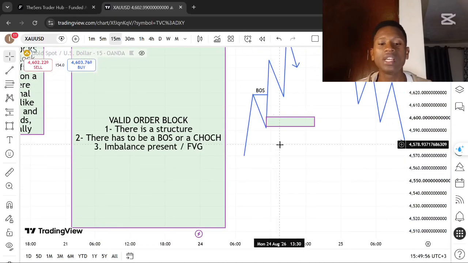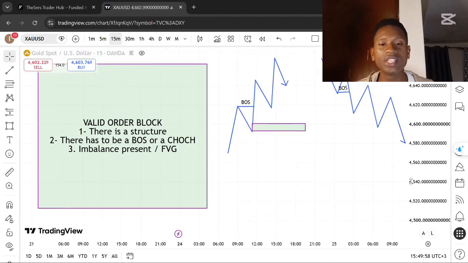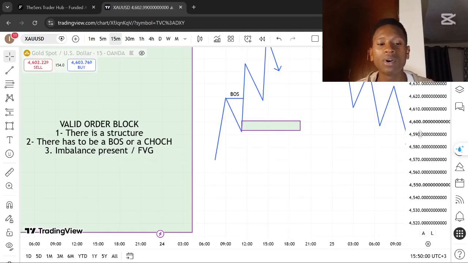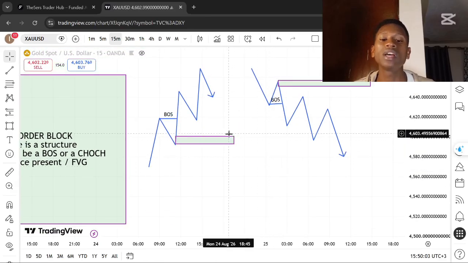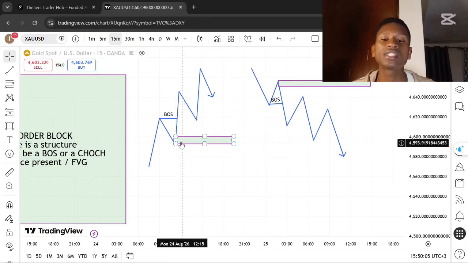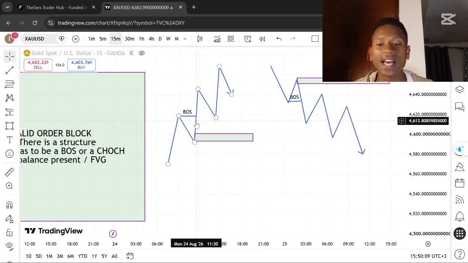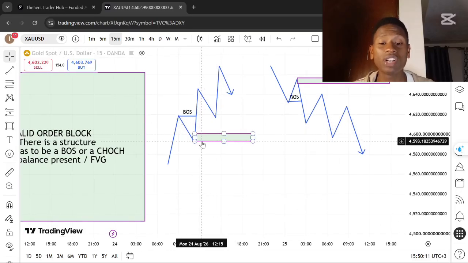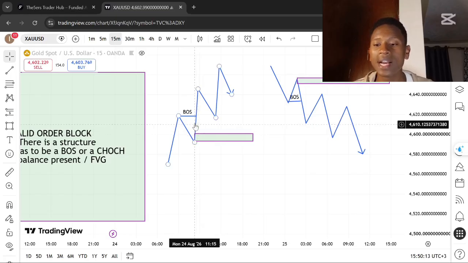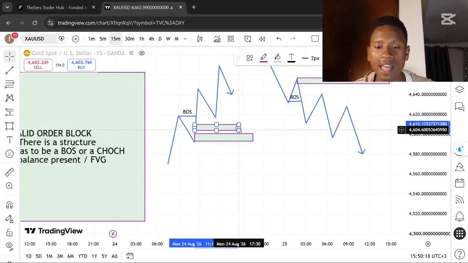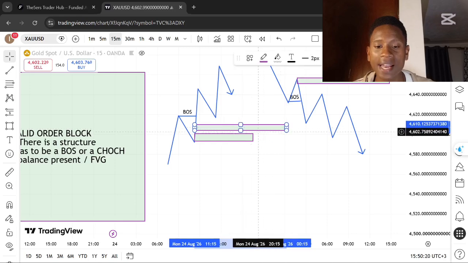Okay, an FVG. There has to be an FVG above the order block or below the order block. So for example, in a bullish trend, if the order block is over here, there has to be an FVG over here. All right. So there has to be a fair value gap, an imbalance.